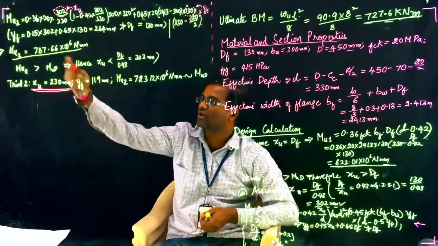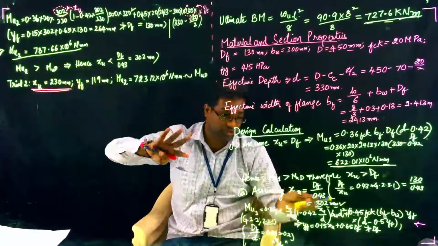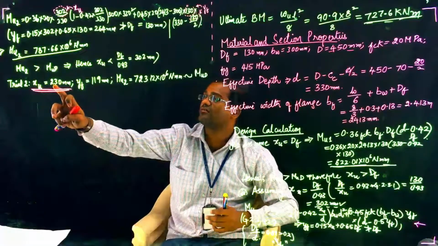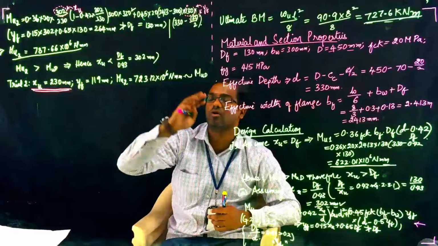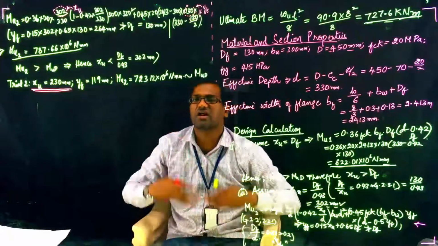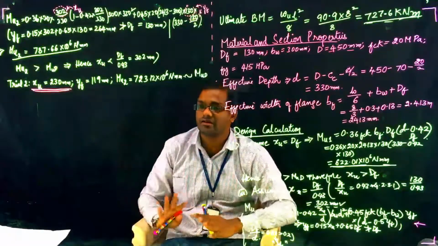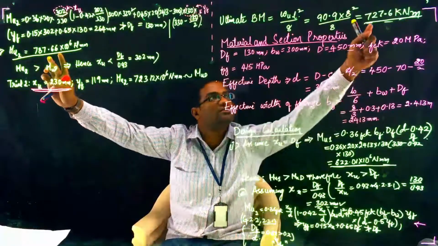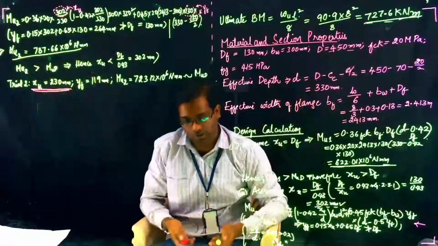Now we understood that the assumed value is more, so we need to reduce the neutral axis depth. We have taken 230 mm approximately. So this is a trial and error process. You need to calculate the neutral axis such that this MU value matches with this XU value.